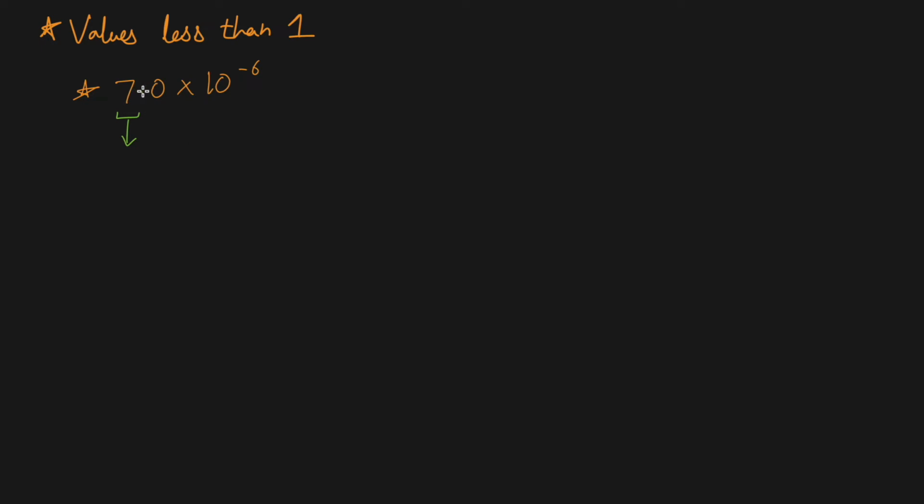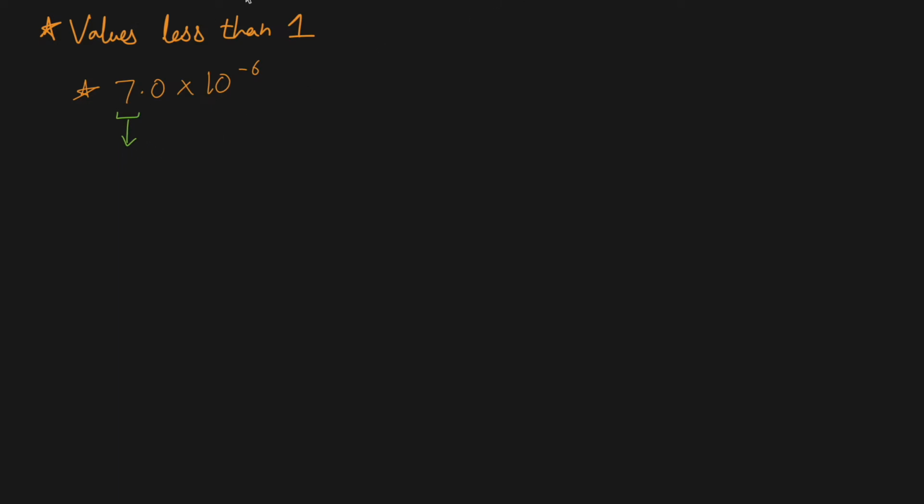But if, for example, we have 7.000000001, that means we also have to write it down, because it has a non-zero digit. But if everything is zero, we will just neglect it.